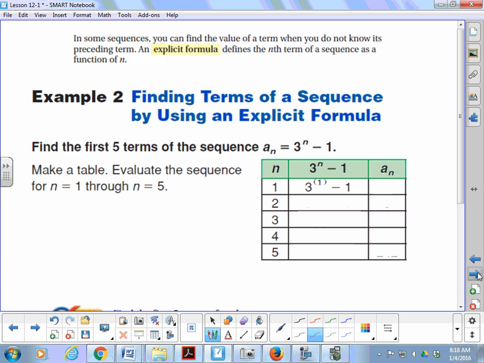So we have 3 to the first power minus 1 is 2. Now, this number is not what I'm using, because I'm not doing recursion, so we're not using the last answer, we're using the term number. So 3 squared minus 1 is 8.